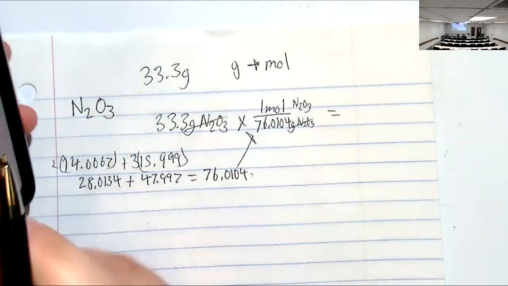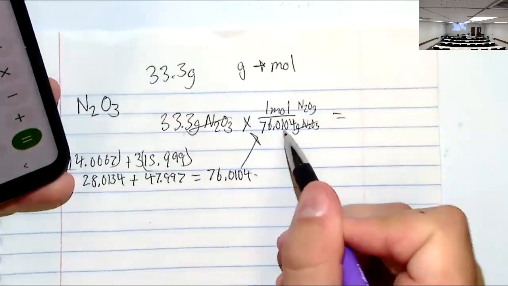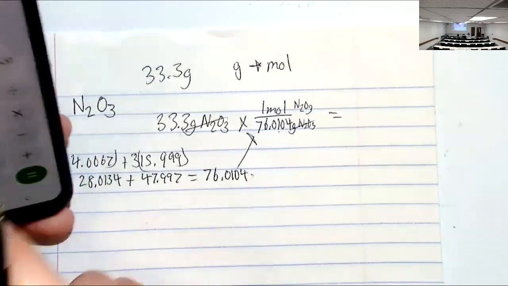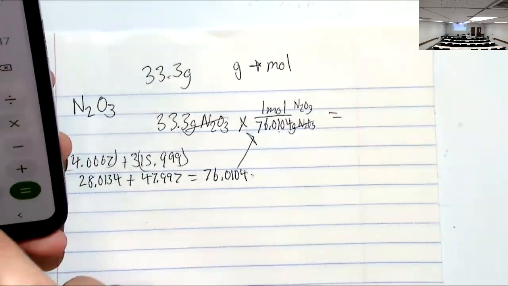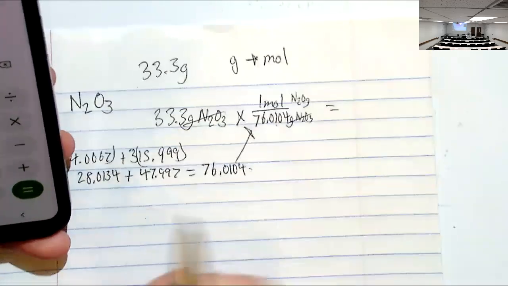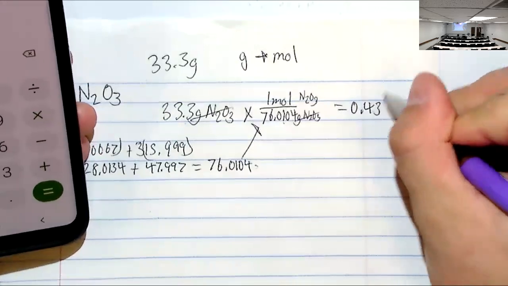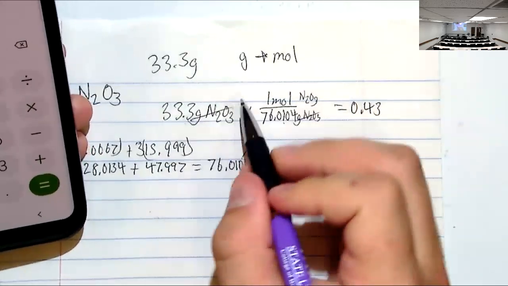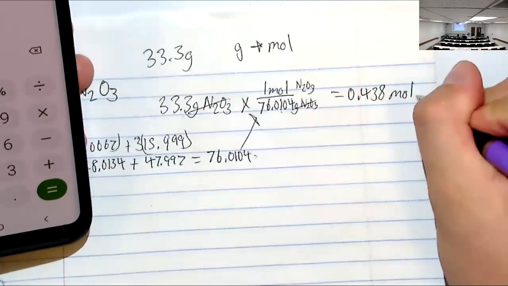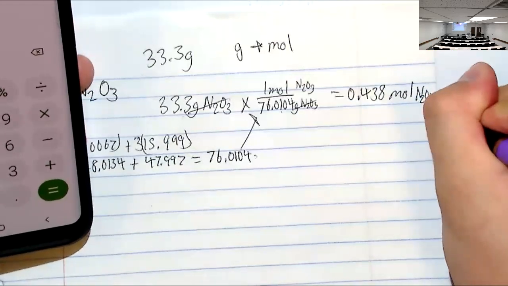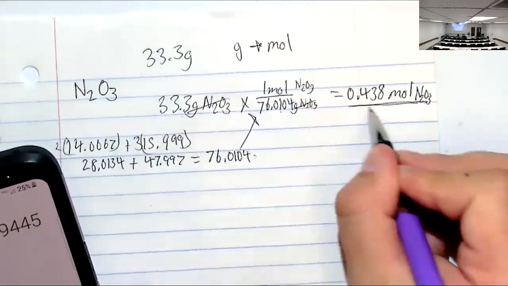So our grams, 33.3 times 1, which is easy, the same number, and then divide by our molar mass, which we will calculate, 76.0104, which gives us 0.438, and we're going to use 3 significant figures, so 0.438 moles of N2O3. So this is how many moles there are, which is the first part of that question.